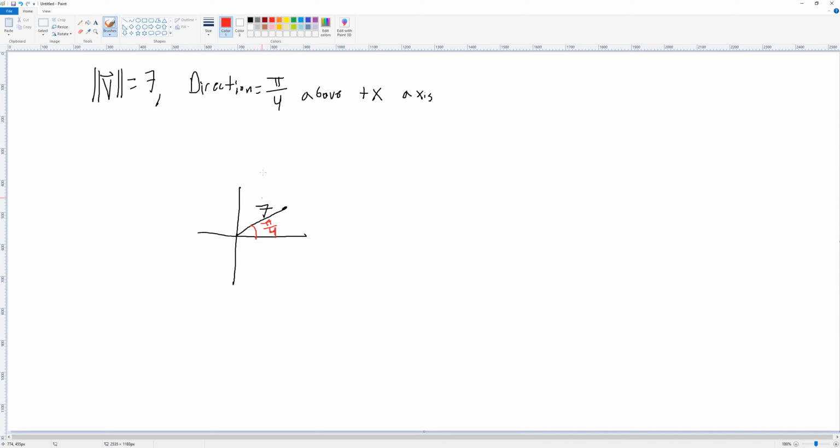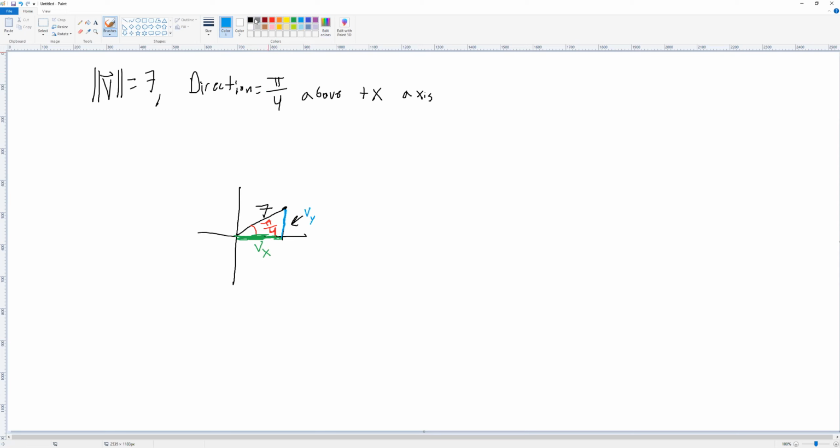So we have an angle and we have a length. Let's do some trigonometry to find this length right here, and this length right here. Green is going to be our Vx, and blue is going to be our Vy.